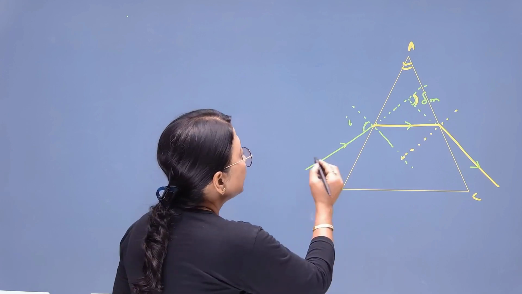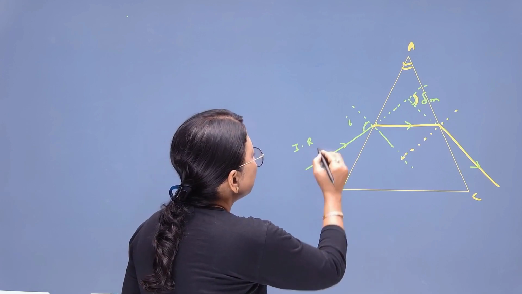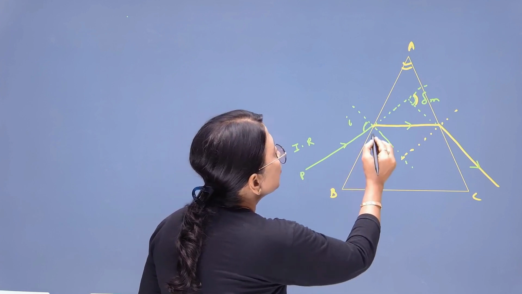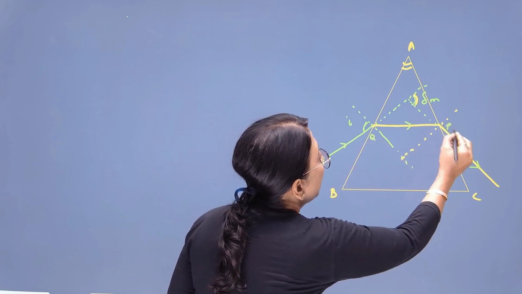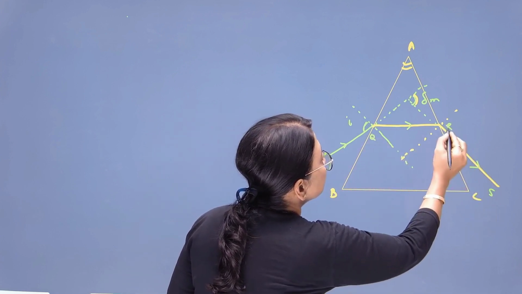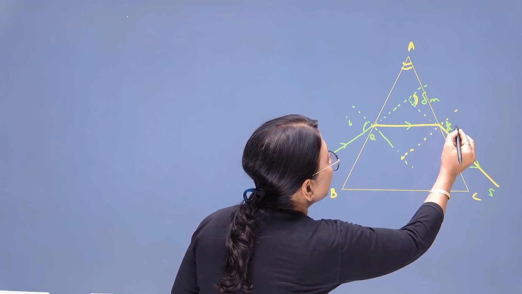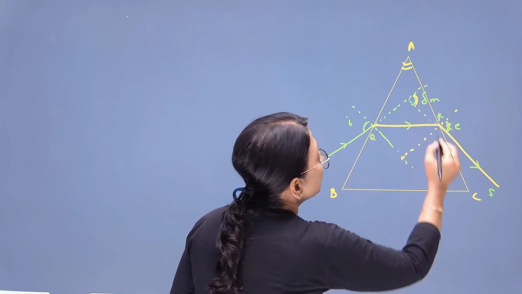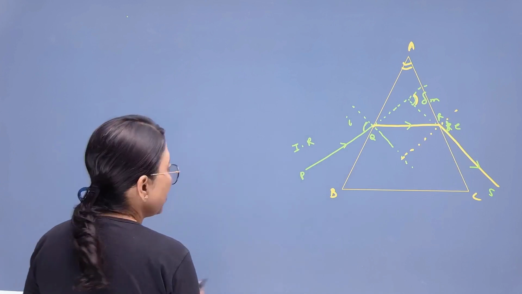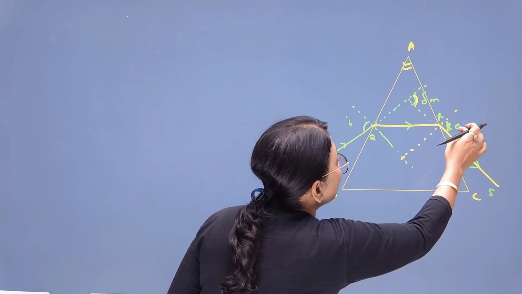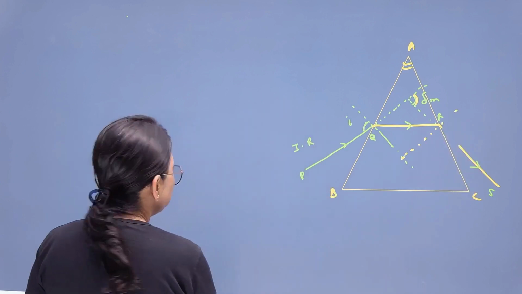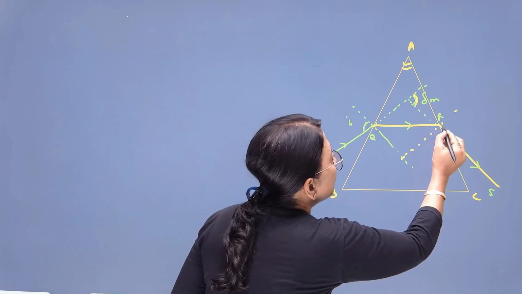Now we name it. This is the incident ray. Suppose name it P. This is Q, R, and S. Right? This is the angle of emergence. So we write it as E and here R. यहाँ लिख देते. Just we erase it slightly. This is the emergent ray.